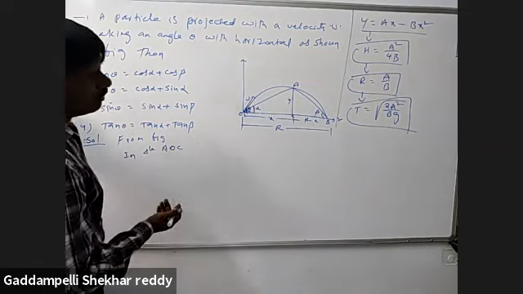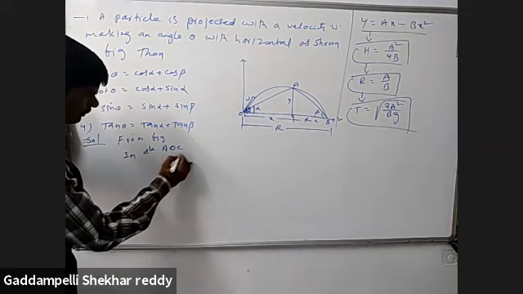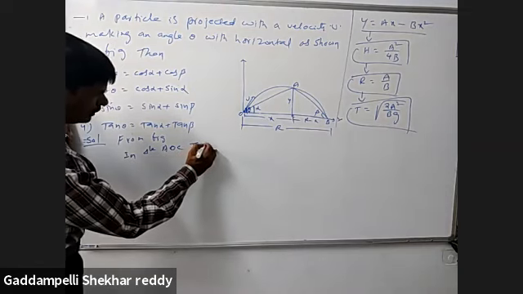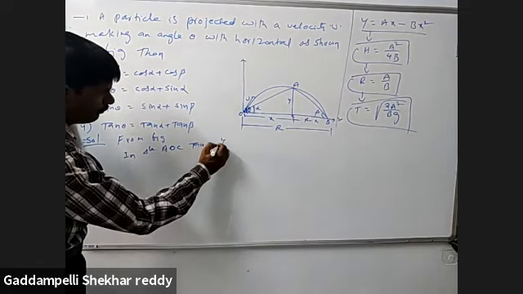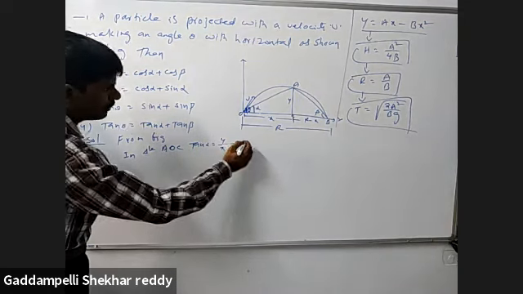The relation opposite by adjacent gives tan of angle AOC. Tan alpha is equal to y by x. Let this be equation 1.